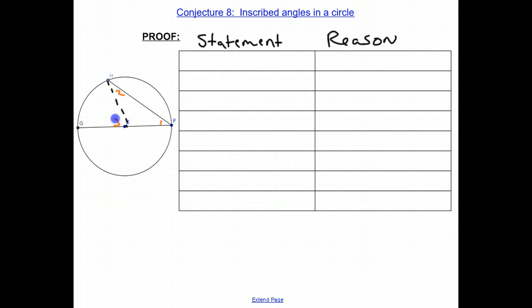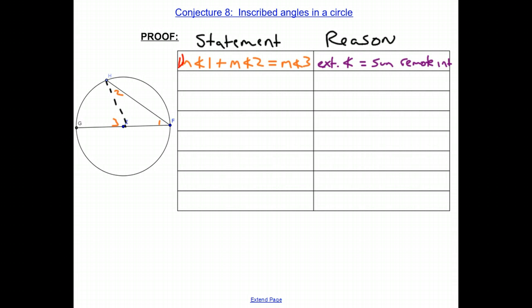In order to do this proof, we are going to have to recall a few characteristics about triangles that we learned earlier this spring. The first of which involves the triangle sum conjecture as well as the remote exterior angle conjecture. So the first statement that we are going to use in our proof involves the remote exterior angle theorem, which is that the measure of angle 1 plus the measure of angle 2 is going to equal the measure of angle 3.